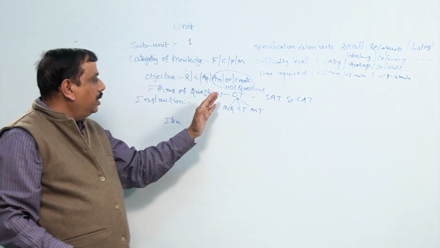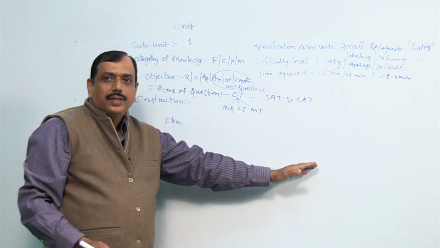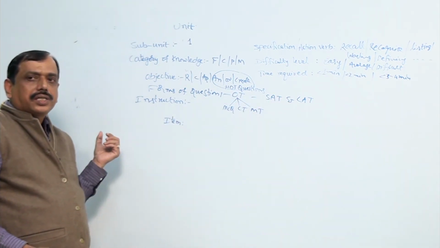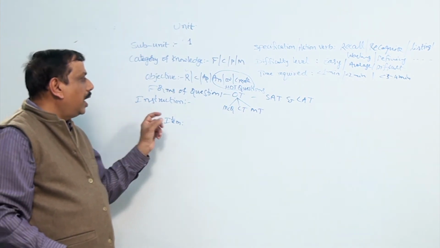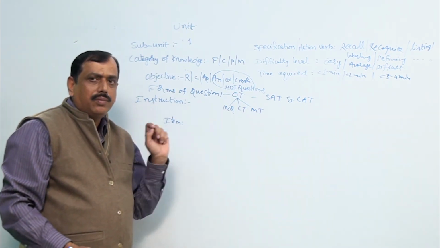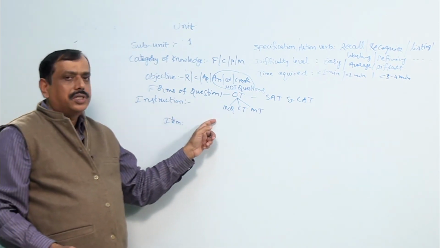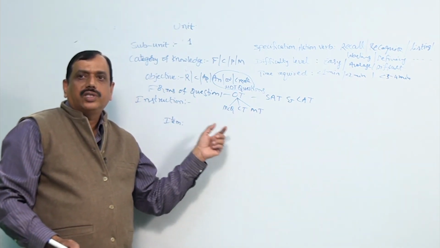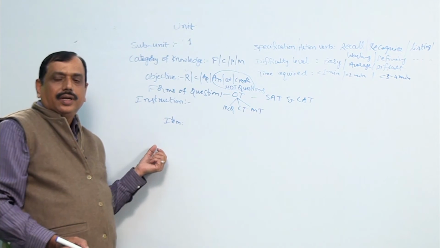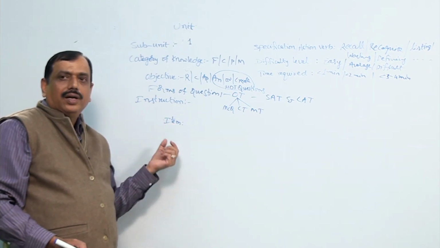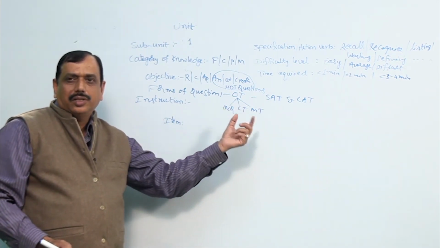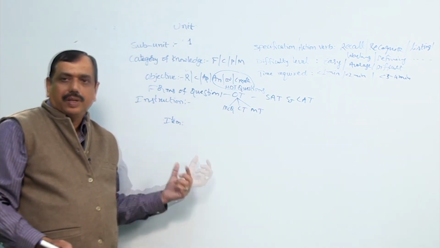If I decide on a particular form, I must give particular instructions for the students to answer this question. For example, if I give multiple choice questions, it must follow an instruction like the following: these are multiple choice questions. Each question has 4 choices.